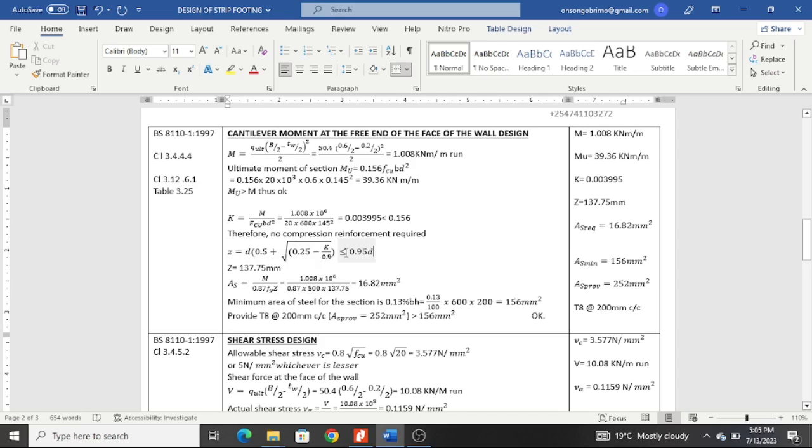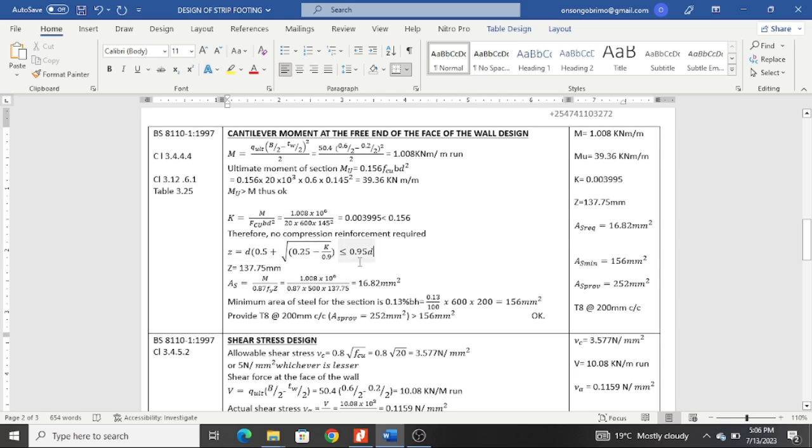So kindly allow me to feed the K. When I feed this K here, it gives me 0.9955D. So you see that is greater than 0.95D. Therefore, we adopt 0.95D.